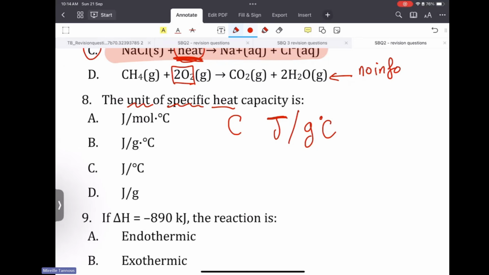So it's the energy needed for every 1 gram substance to change by a temperature of 1 degree Celsius. So if I read the definition, I would know the proper unit of the specific heat capacity.